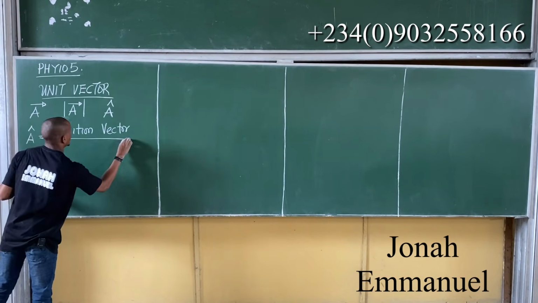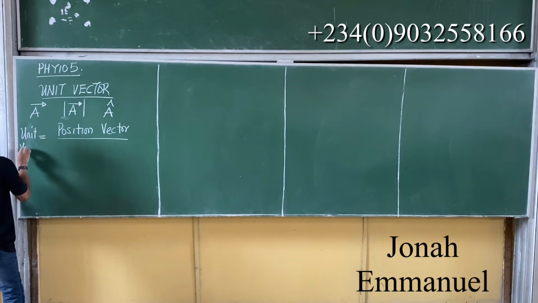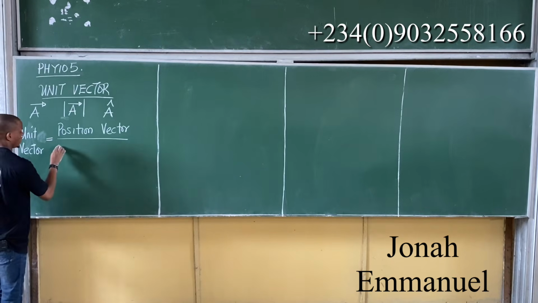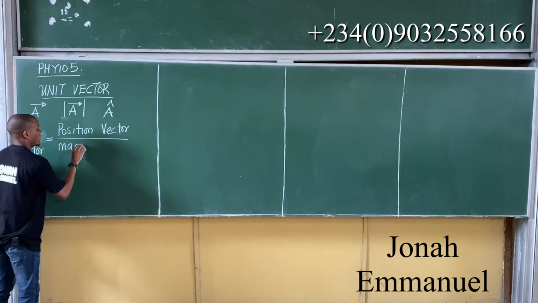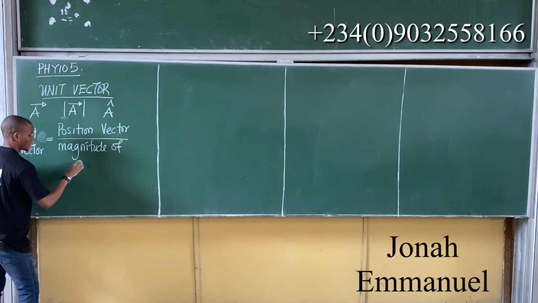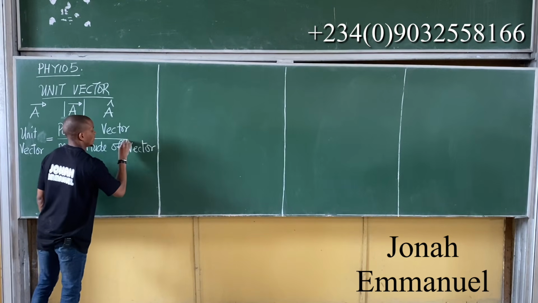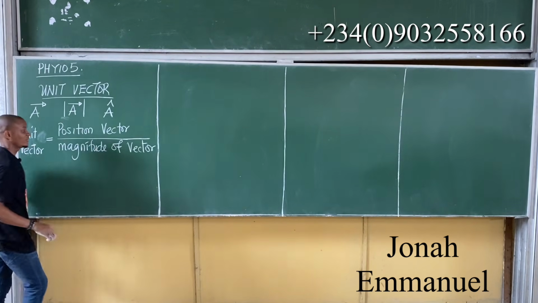all over. So let's say the unit vector is equal to the position vector all over the magnitude of the vector.